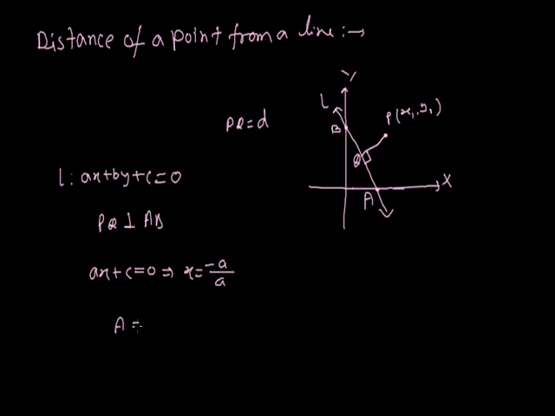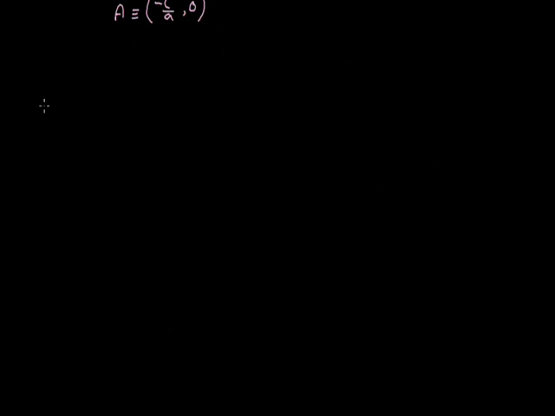So the coordinates of point A are minus c by a, 0. Similarly, we can find point B, because at point B the x coordinate is 0. So here by plus c is equal to 0, which implies y is equal to minus c by b. So the coordinates of point B are 0, minus c by b.